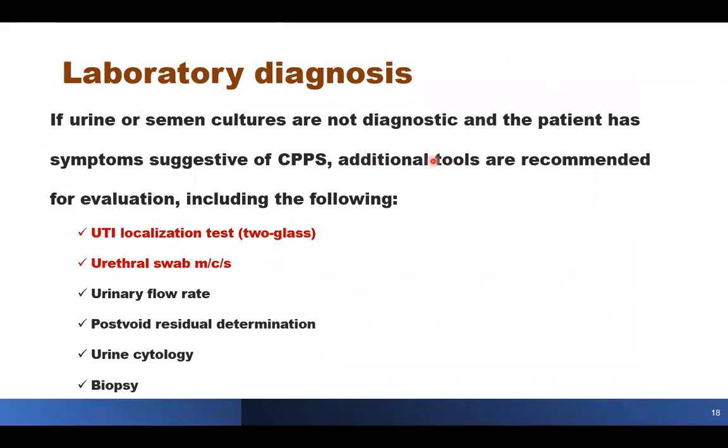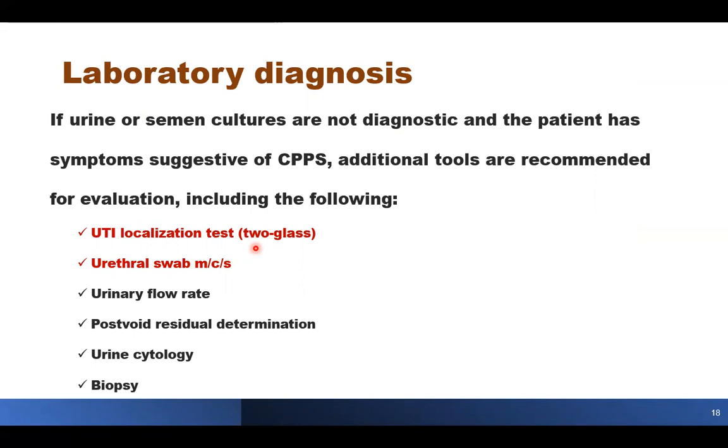Now, there are times when the urine or the semen cultures do not really help, and the clinician still feels the patient has a chronic pelvic pain syndrome. So other things that you can do include the 2-glass test. You may want to perform a urethral swab. Maybe you're dealing with sexually transmitted agents.